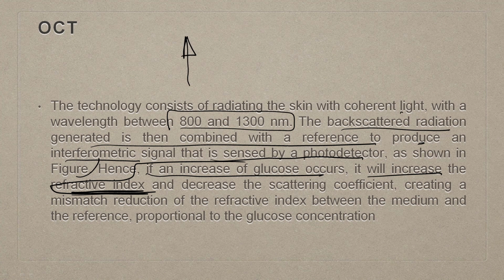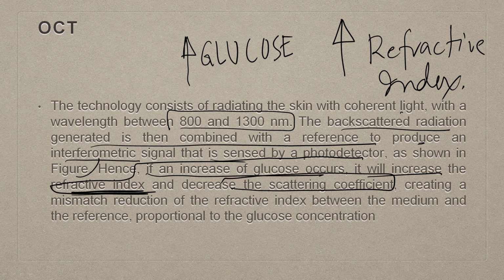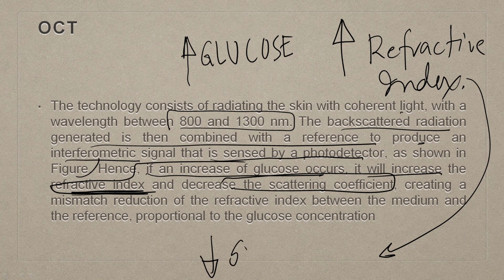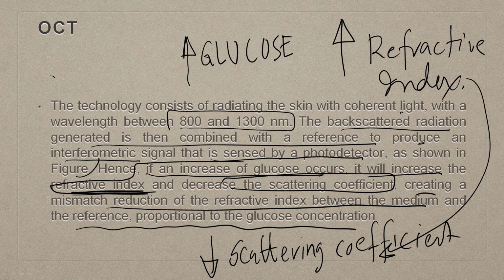So, if there is an increase in glucose level, it will increase the refractive index of the system and decrease the scattering coefficient, creating a reduction of the mismatch of the refractive index between the medium and the reference, proportional to the glucose concentration.